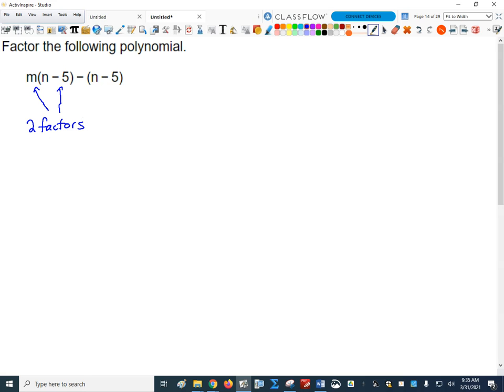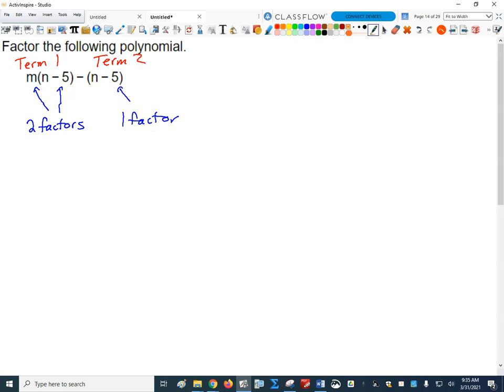And I've got just one factor here. True. Yeah. So we could call that a factor too if we wanted to. But each of these is a separate term. I'm going to call that one term 1, and that one is term 2.